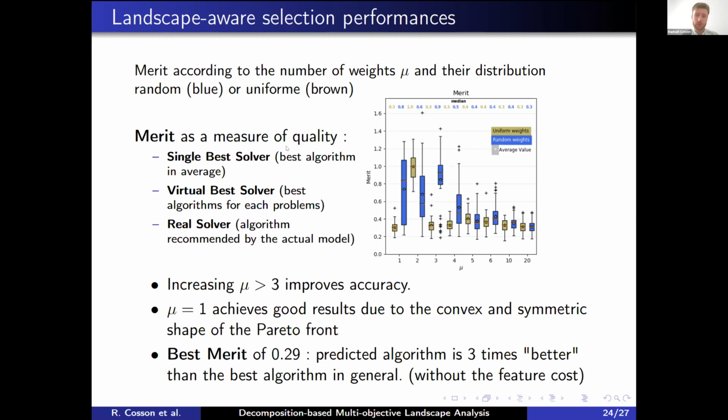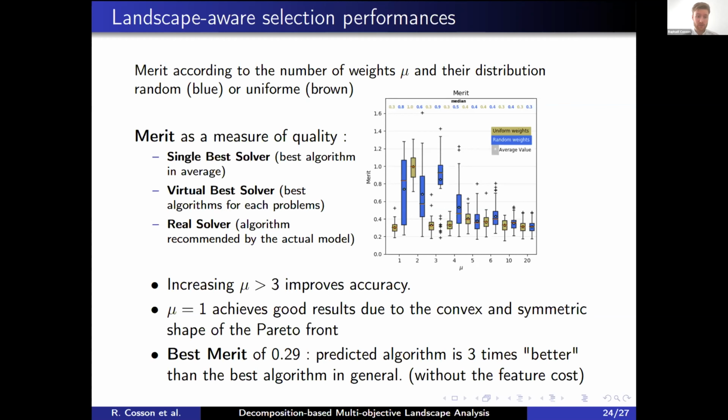What is good to know about this measure of quality is that when the merit is over 1, it means that using the predicted algorithm is worse than using the single best solver, so the best algorithm on average.